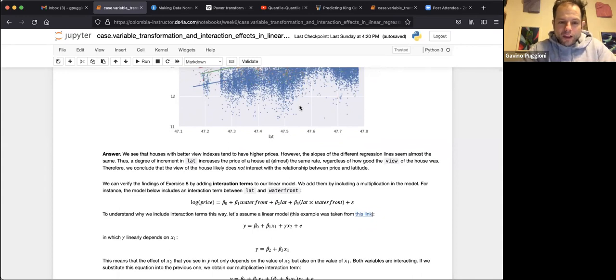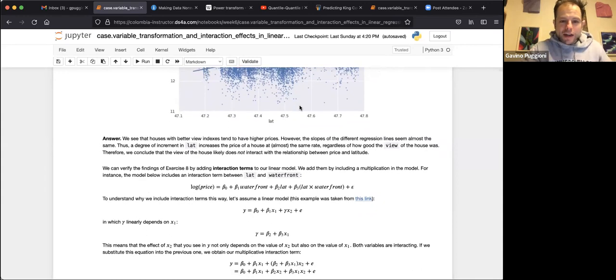All right, so we can verify the finding of exercise 8 by adding an interaction term to our linear model. We do this by adding a multiplication term. That's the way the interaction enters. So a simple model would be the log of price equal to beta naught plus beta 1 times waterfront plus beta 2 times lat plus the interaction term.